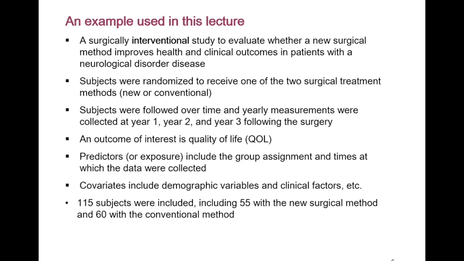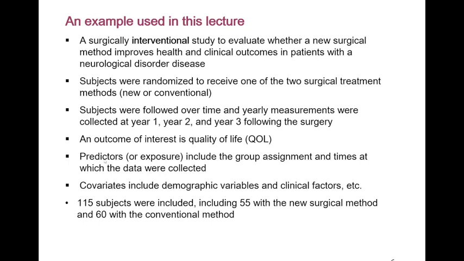Let's just call them new method versus conventional method. The subjects were followed over time, and yearly measurements were collected at year 1, year 2, year 3 following the surgery. And the outcome of interest is a quality of life measure. Predictors include the group assignment and the times at which the data were collected.